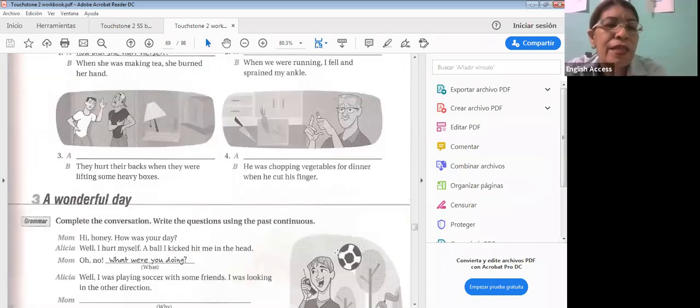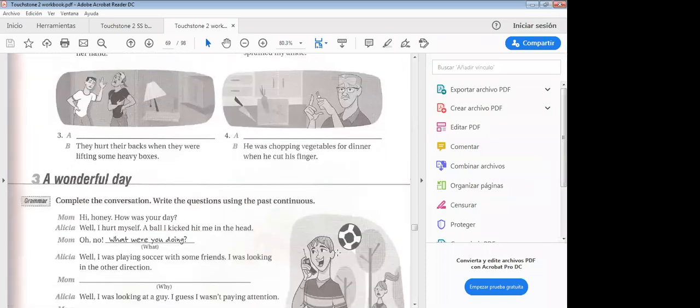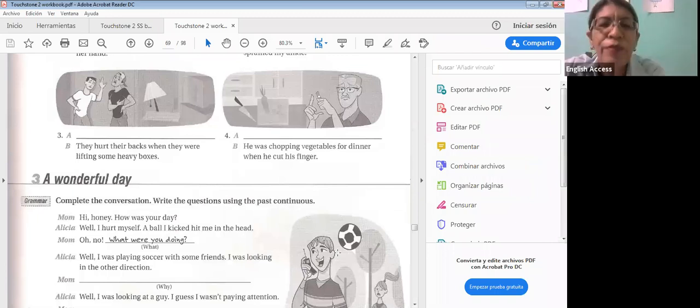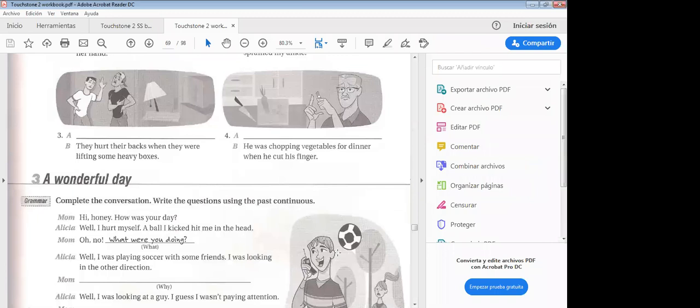Number 3. How did they hurt themselves? They hurt their backs when they were lifting some heavy boxes. Yes, number 4. How did he cut himself? He was chopping vegetables for dinner when he cut his finger.